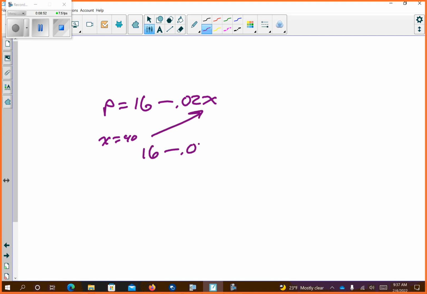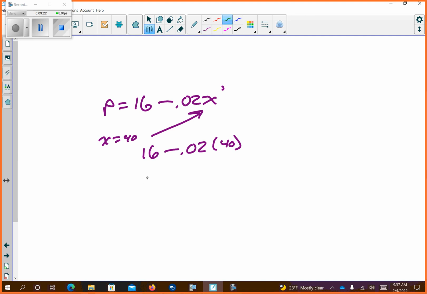Now, why can I not necessarily do the derivative of this one to get the marginal revenue? Well, one, it's a cost product, but you can't do the derivative of it because our original was raised to the first power. If I take the derivative, I just wind up with negative 0.02. Okay, so it's not necessarily going to work.